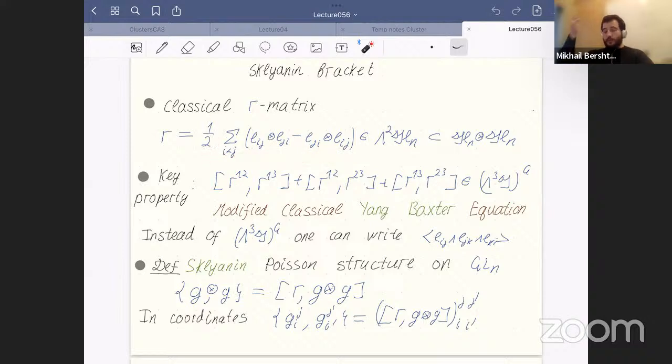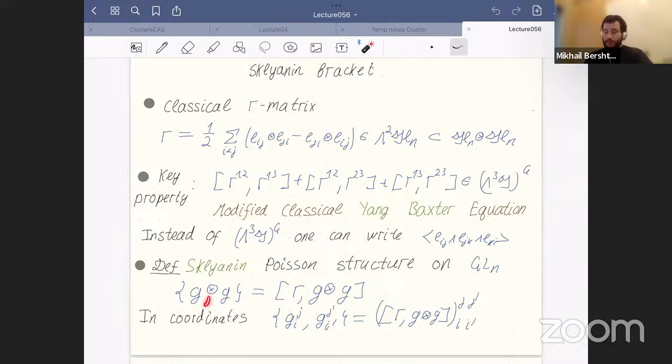The coefficient 1/2, I think I checked, is correct. I mean, the bracket can be any by any formula, but in order to exactly coincide with the cluster bracket which I introduced, I believe we need this coefficient. And the bracket is defined by this formula.